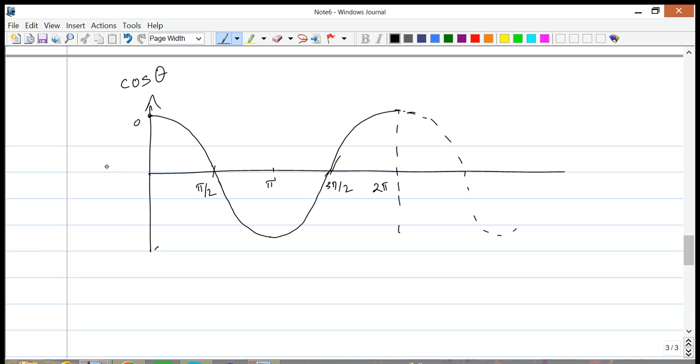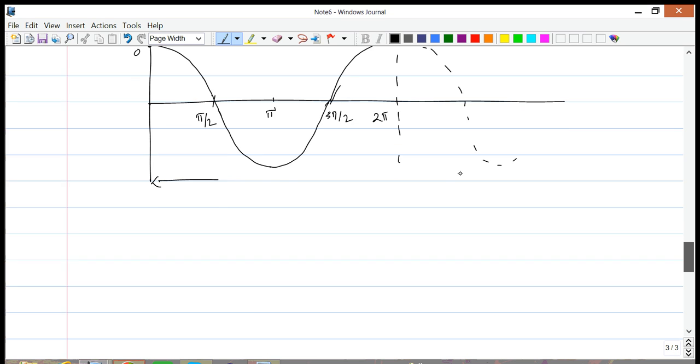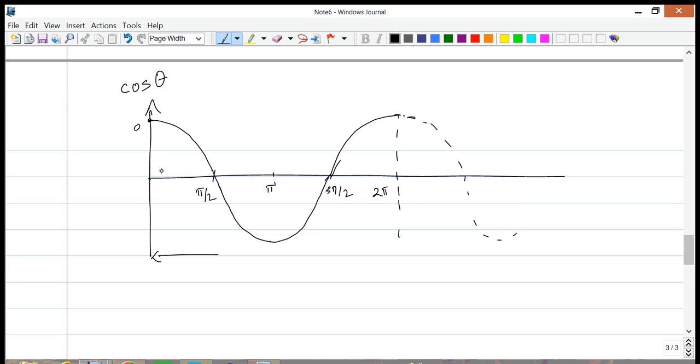These are things that you already know from your elementary trigonometry.